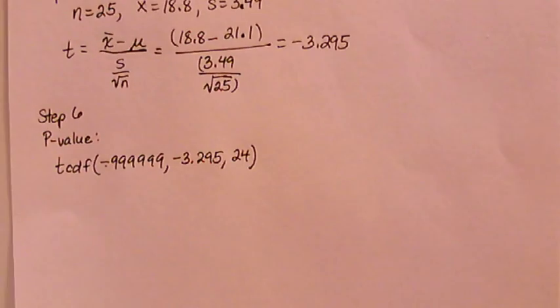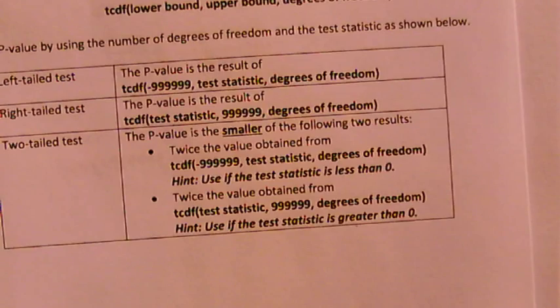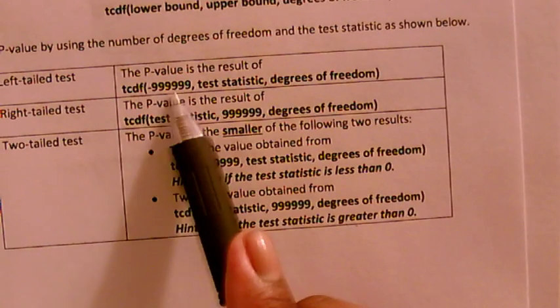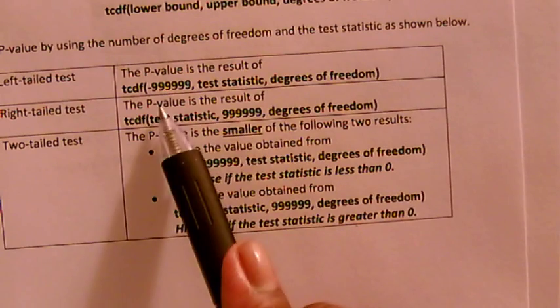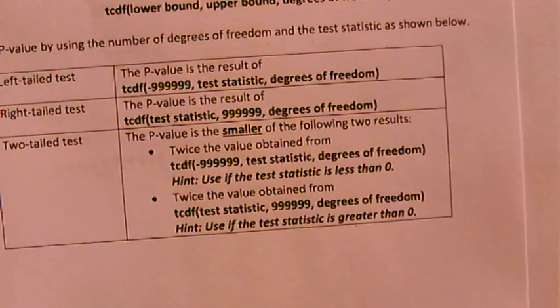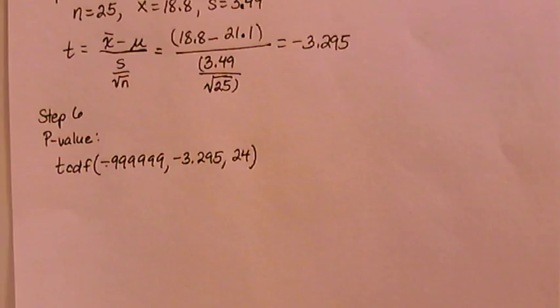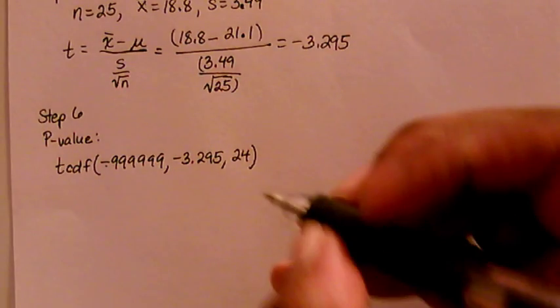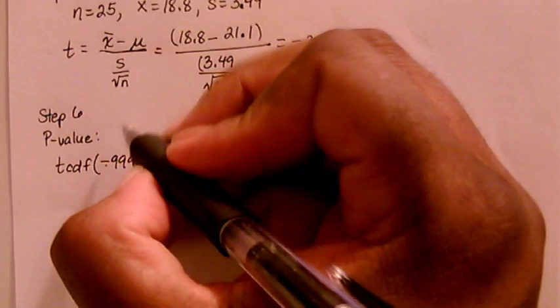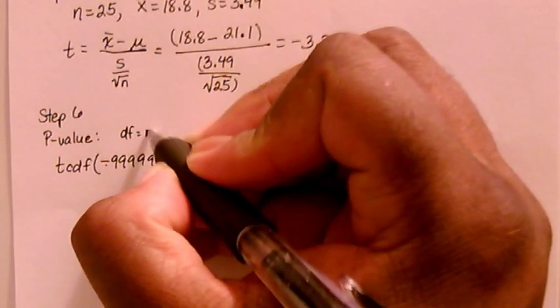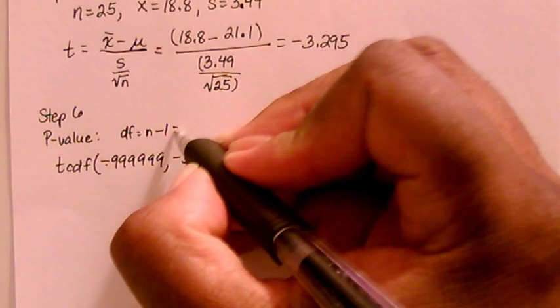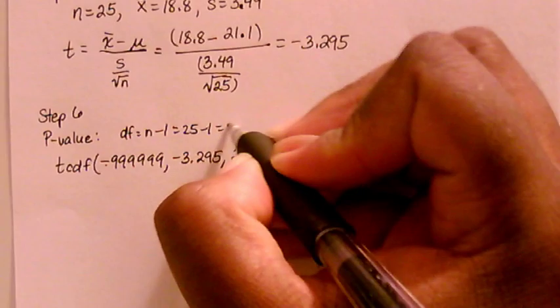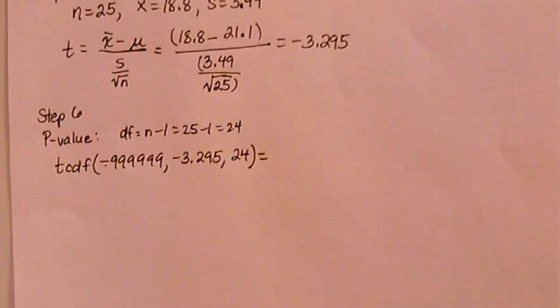So in a left tail test, I do have to use this command and this format with the negative 9s and then your test statistic and then degrees of freedom. And my degrees of freedom, of course, is N minus 1, which is 25 minus 1, or 24.